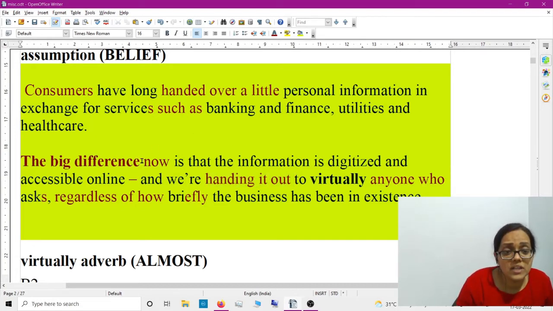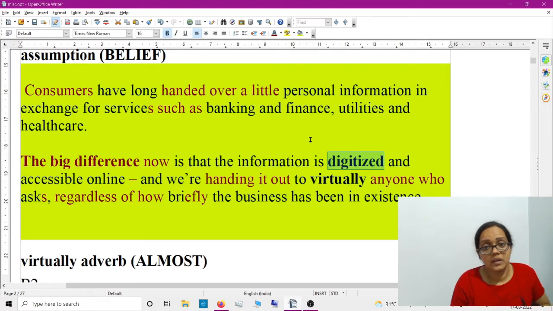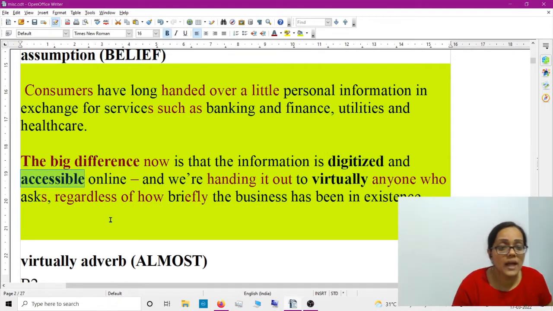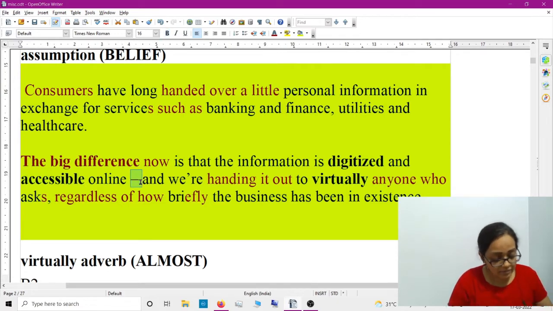The big difference now is that the information is digitized. It's not digitalized, it's digitized. Okay, and accessible, spelling double C and double S, accessible online. See, just before that they put a hyphen.